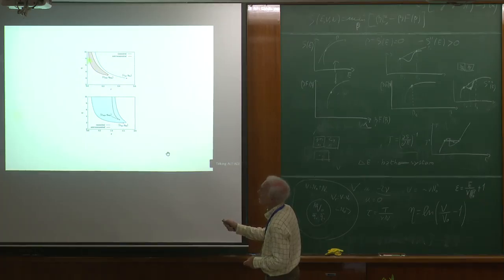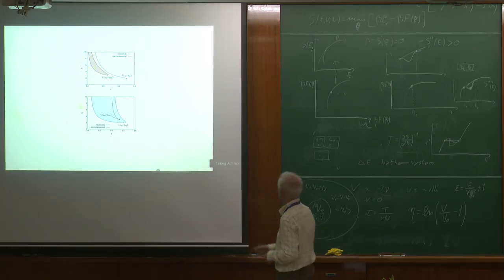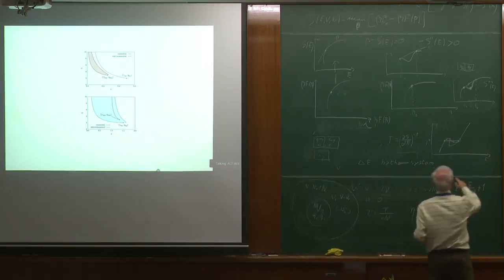Why is there a region and not a line? Because this is the jump in temperature. So if you increase eta, there will be a jump in temperature at a given point. The temperature will go below, it will decrease.